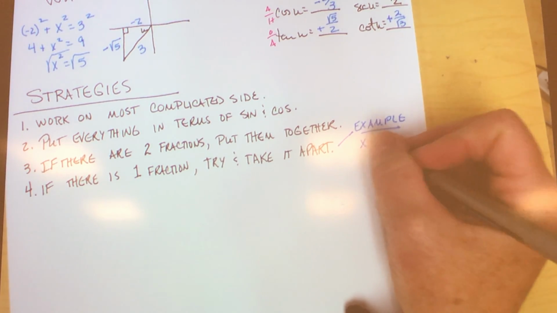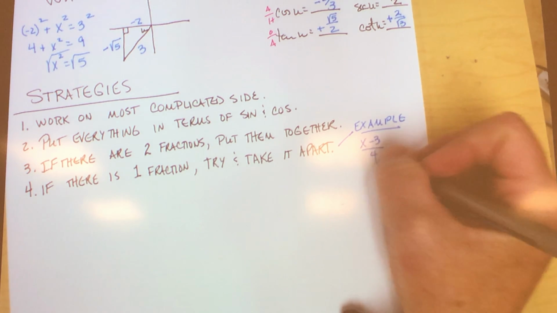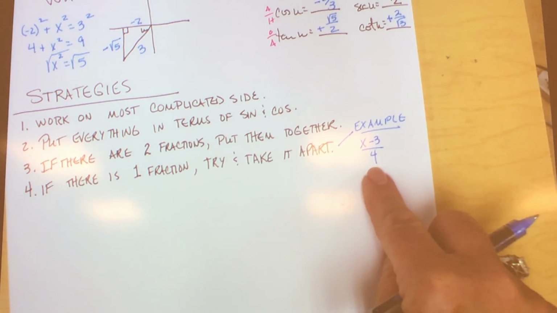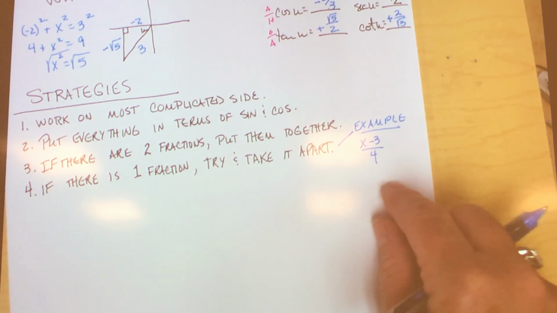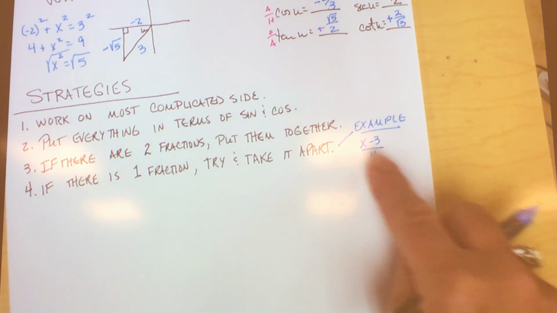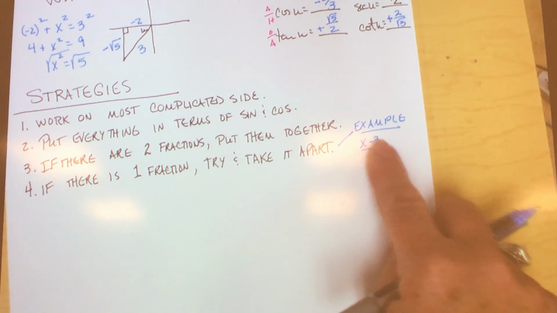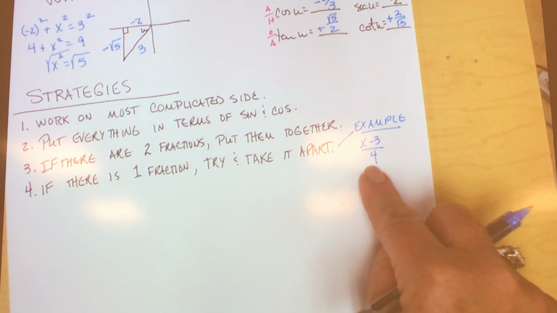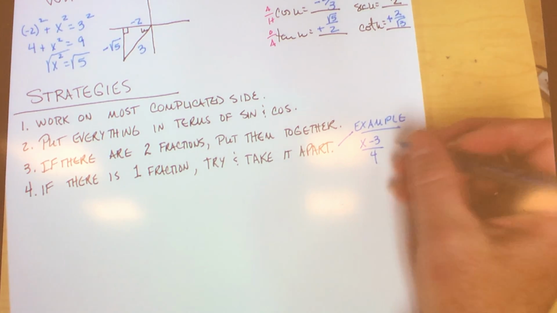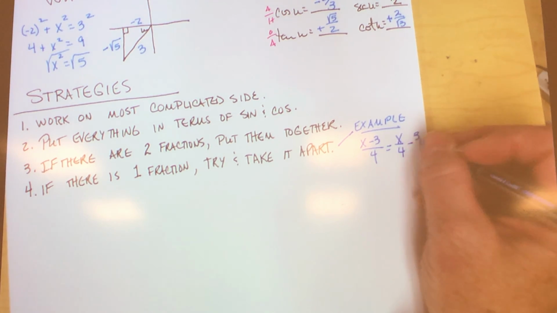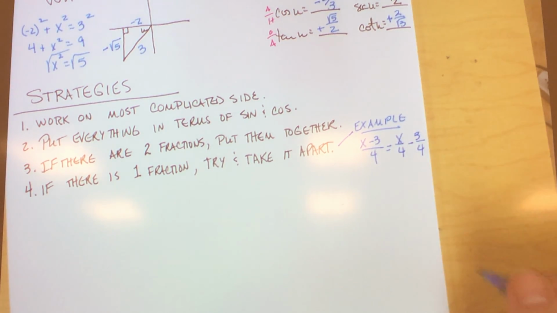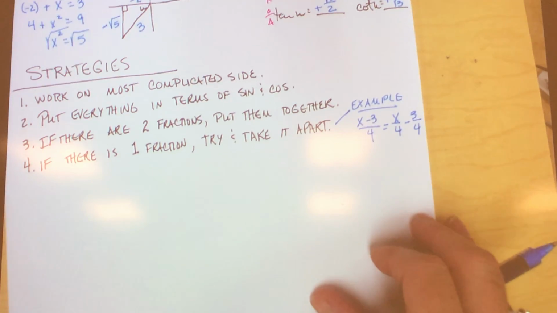Let's say that I had x minus 3 over 4. Obviously, it's not going to look like this, people, because you're going to have sines and cosines and stuff like that, all right? But if it did look something like this, can I take this apart? Yes. Is it the same thing as x over 4 minus 3 over 4? That is the same thing, isn't it? Okay? Here's where the mistake comes in.